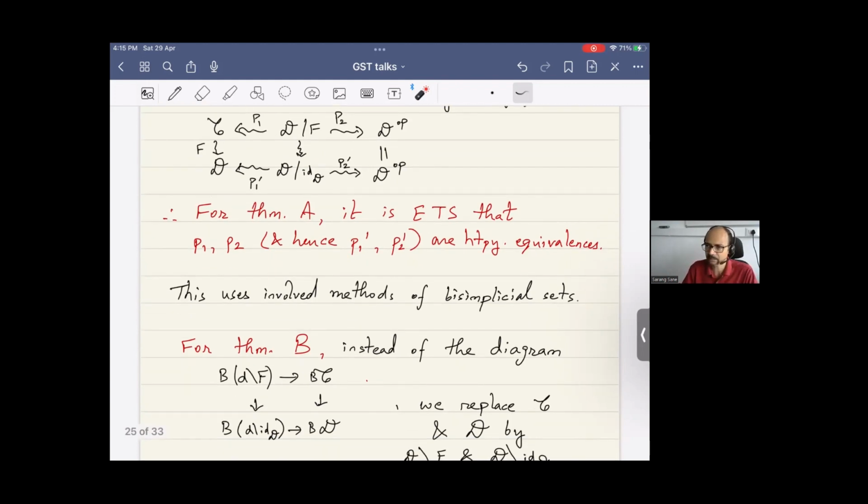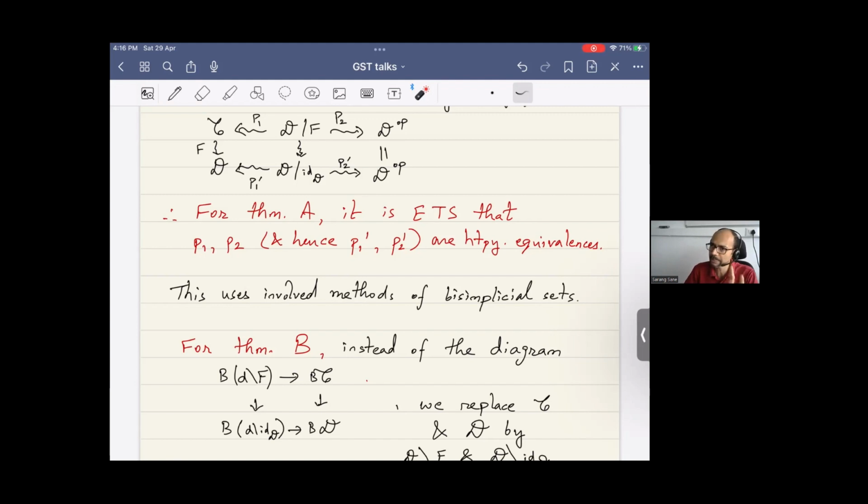And that's a hard proof. It's a 4-5 page proof. The key idea is to construct something in the middle, which is a bisimplicial set. You will see sets of that kind when you do Waldhausen's W construction, so they will show up naturally in that context.